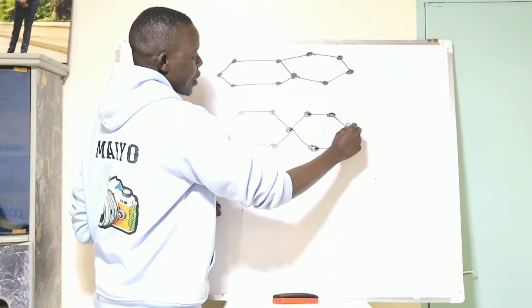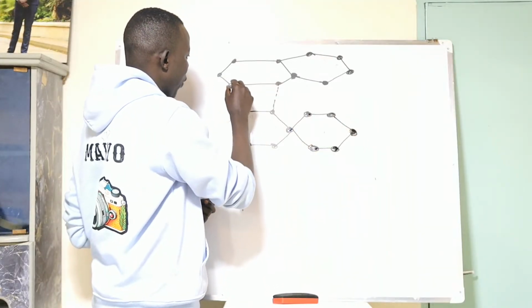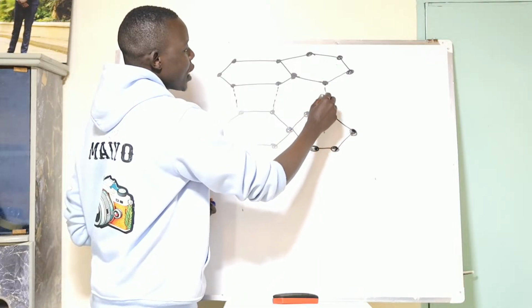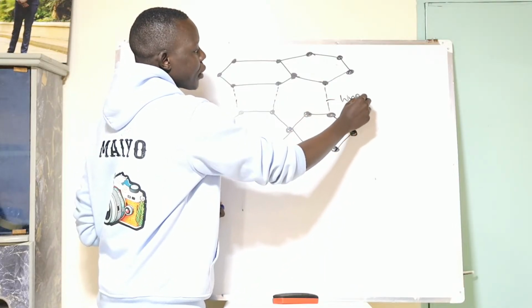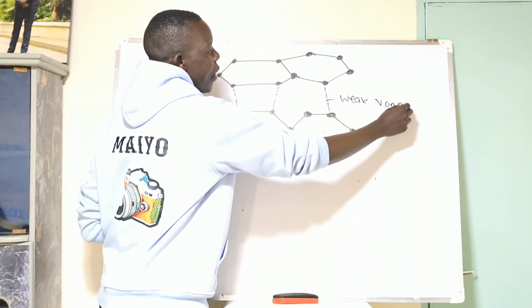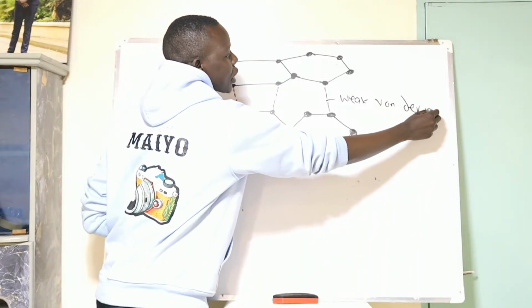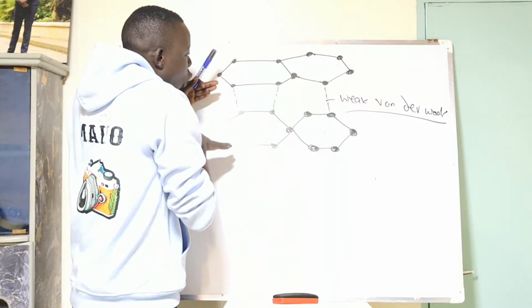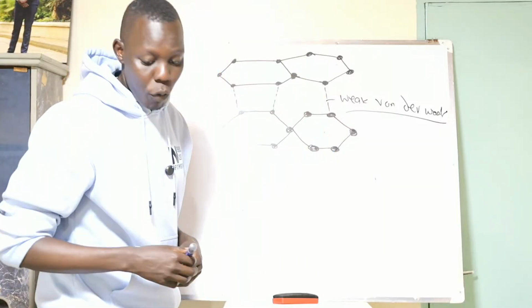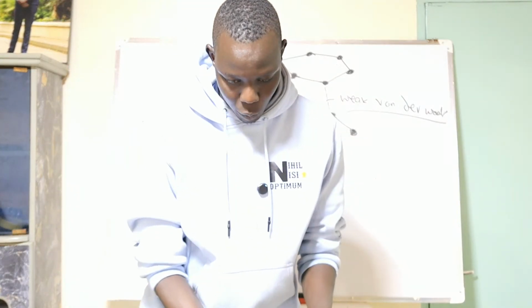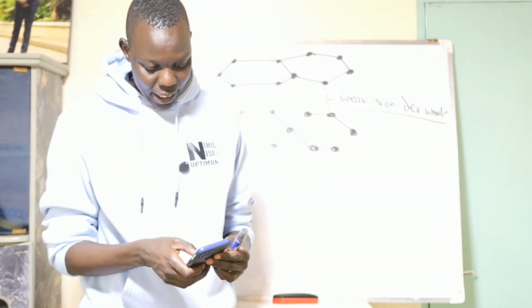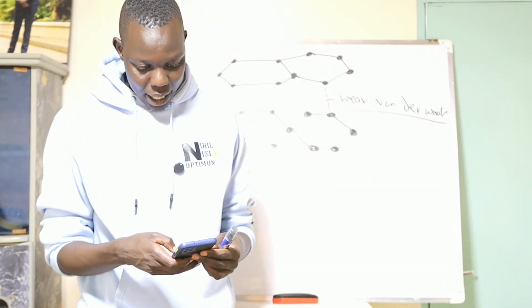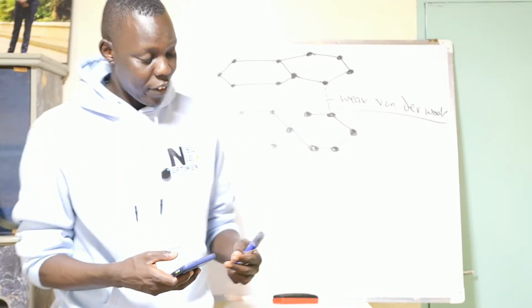So you see the way it is. Then between these we have weak van der Waals forces. The process continues. So these are weak van der Waals forces, which, when you press this layer, it slides over this layer because of the weak van der Waals forces. Hope you can see what I've just written on the board, and thank you.